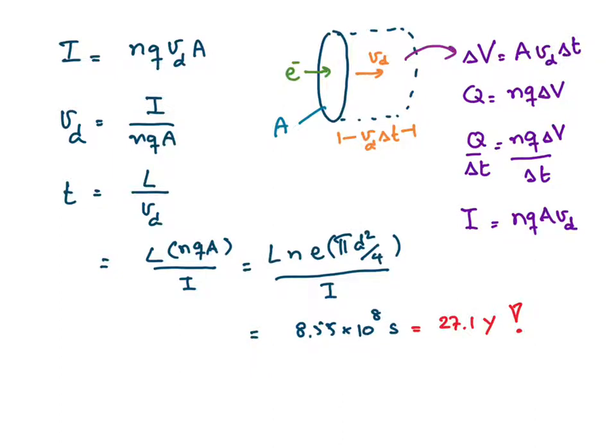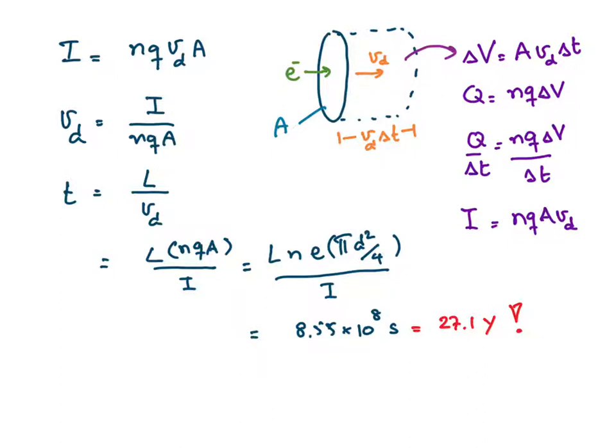The first charge at the surface will move this distance, and the charge that follows will go into this volume in the time delta t. This volume is A, the cross-sectional area, times Vd delta t, the length that the first electron moves in time delta t.